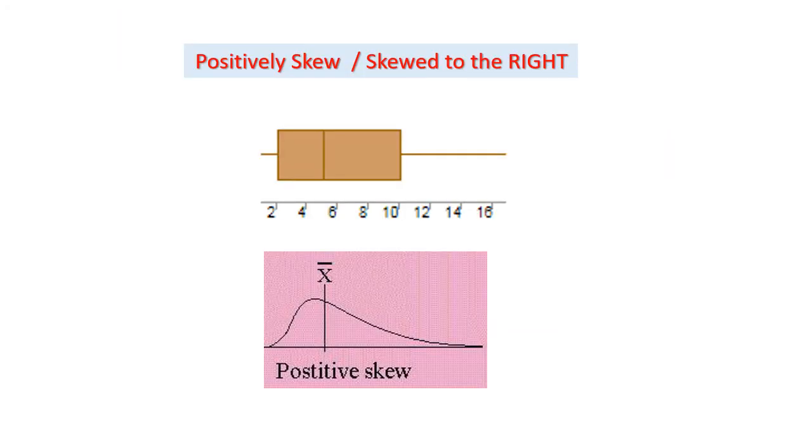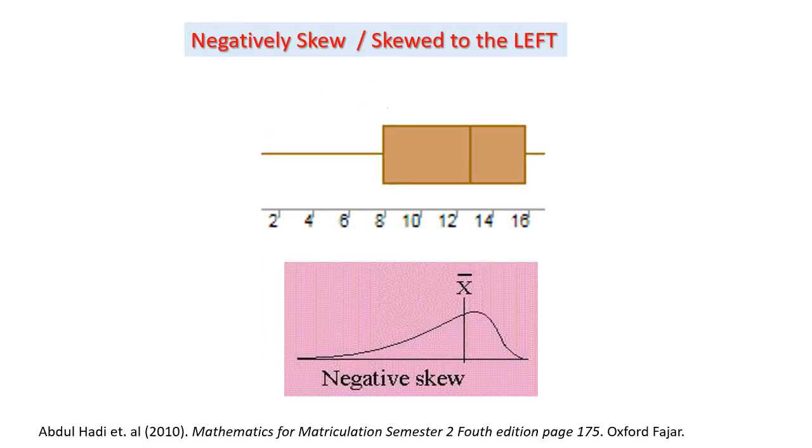And then if you find that the larger part is on the right, then remember we call it skewed to the right. And if you notice that the size of the left part is larger than the right, make sure the conclusion will be skewed to the left.